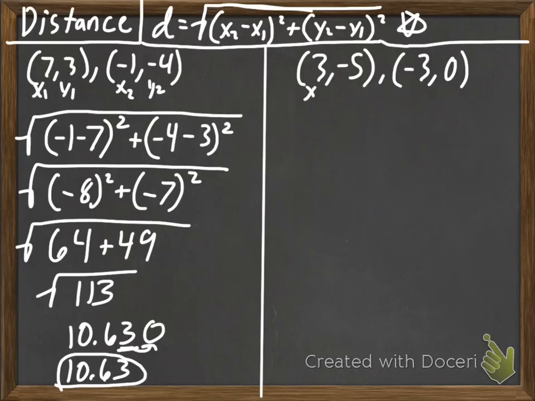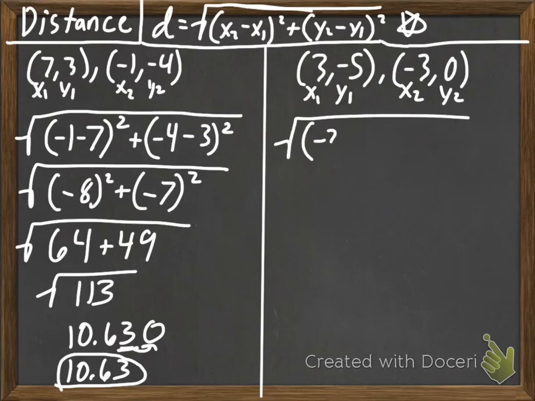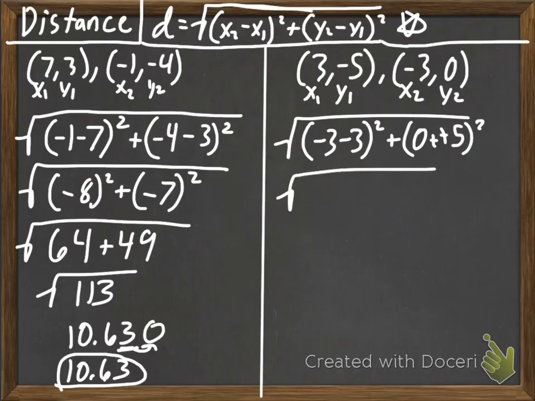We're going to go over here and do the same thing. Distance formula. So we're going to do negative 3 minus 3 squared plus 0 minus negative 5 squared. And we know 2 negatives, that changes to a positive. So we'll do that now. Let's start simplifying. This gives us negative 6 squared plus 5 squared.